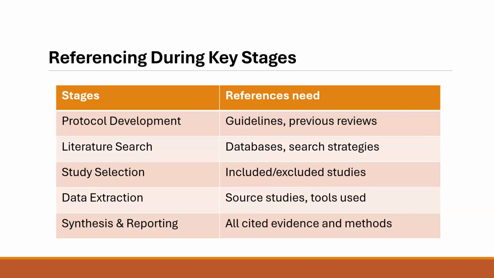Next, referencing during key stages. We have different stages in a systematic review. If you are going to develop your protocol, you might use guidelines, previous reviews or previously published papers. All of these have to be cited in your systematic review. Then you might also search the literature, so you will take help of specific databases.